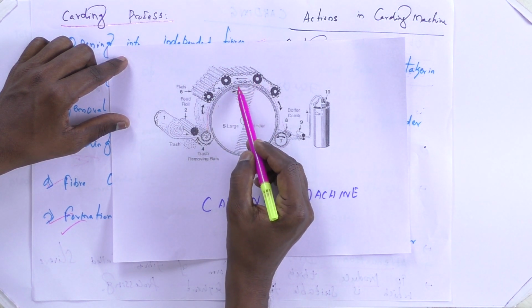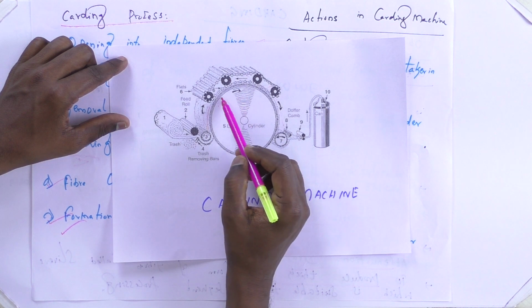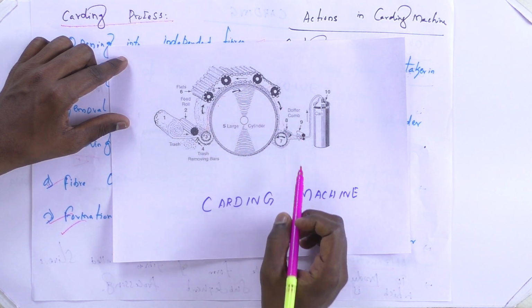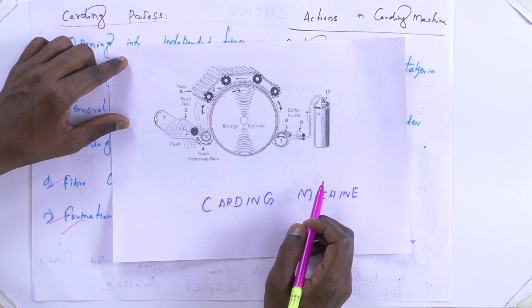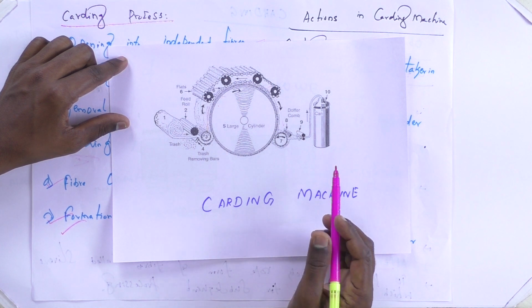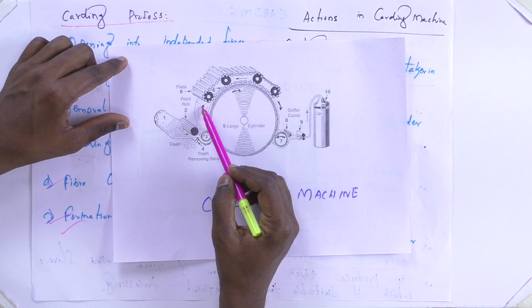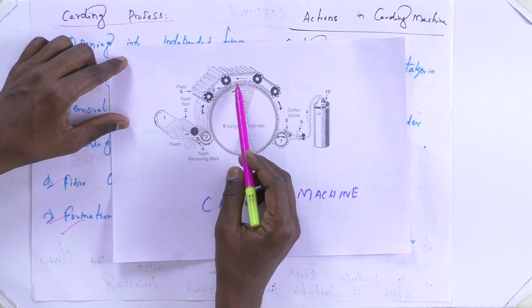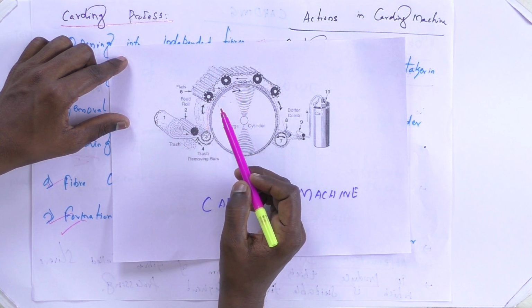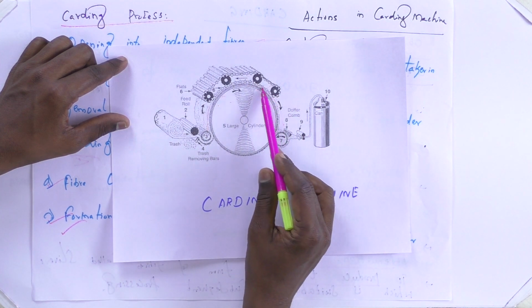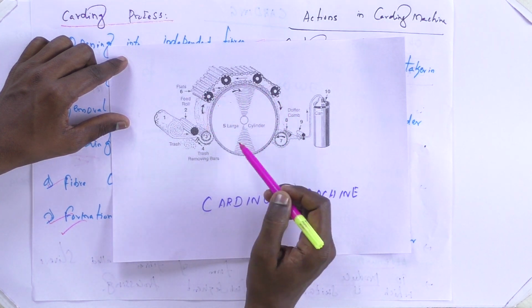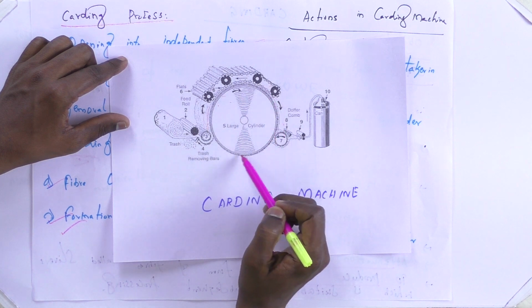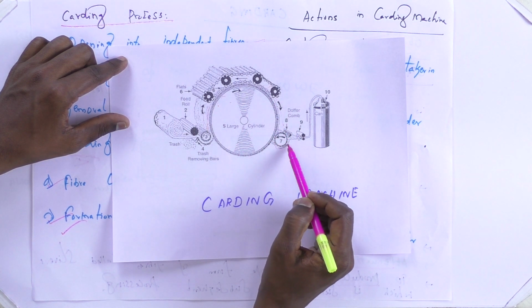The opposite movement of the flat and the cylinder makes the fibers individual, and trash is also removed by the action of the carding cylinder and flat. When the fiber passes through this area, the individual fibers are separated from each other. After separating, because of the air current, the cleaned fibers are transferred to the doffer area.